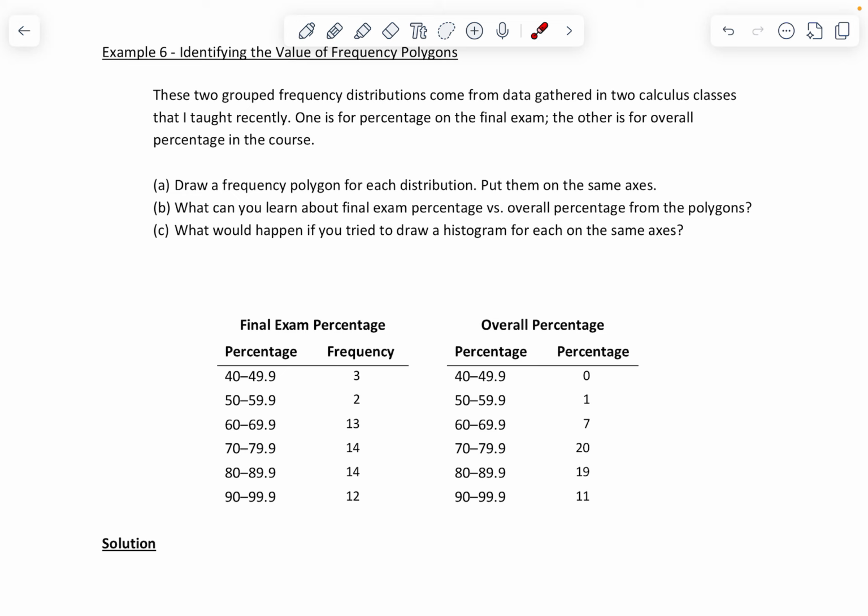So for each, you have to find the midpoints. Let's put a column over here, which we'll label midpoint. The midpoints are the same for both because the classes are the same. So for each, you're just adding up the lower plus the higher and dividing by 2.